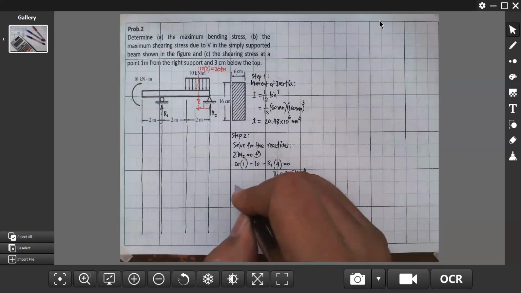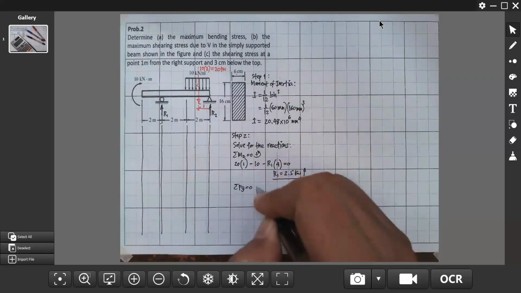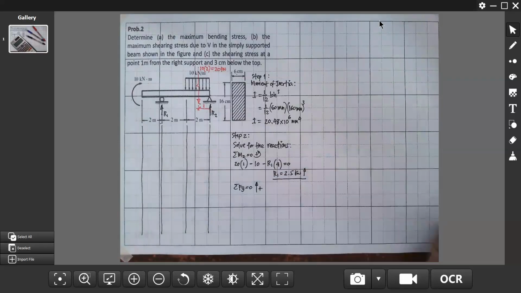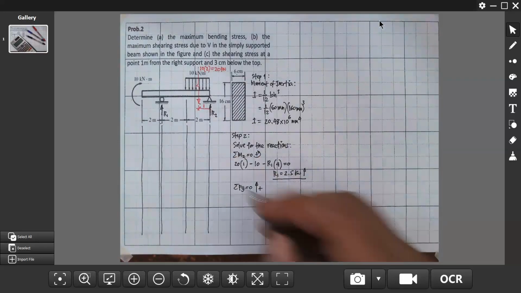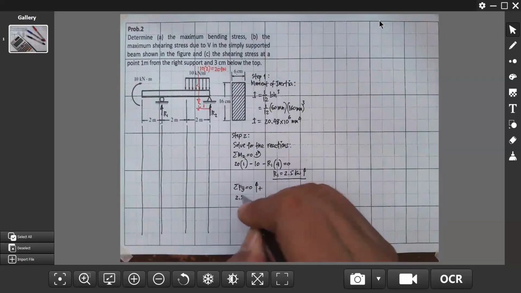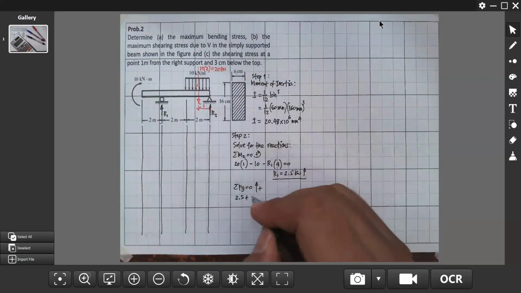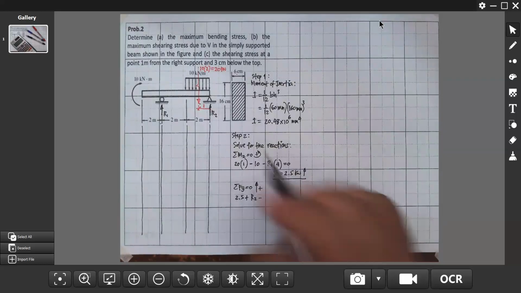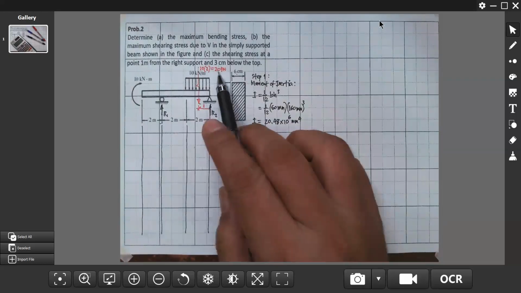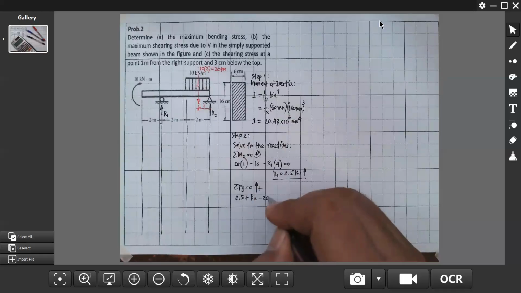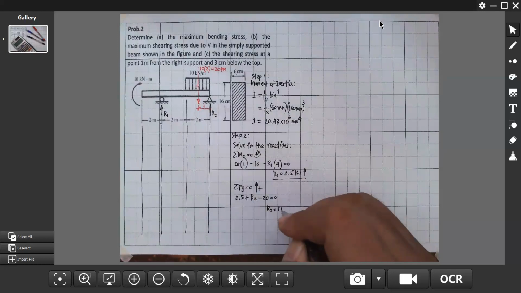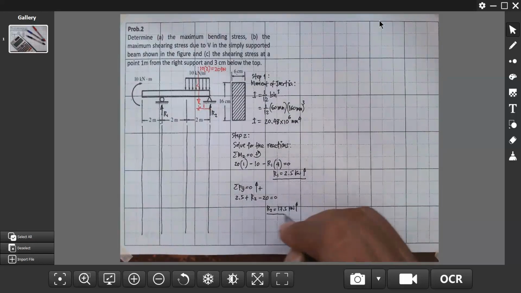And then summation of forces along the vertical y: R1, 2.5, plus R2, minus the resultant 20 equals 0. And R2 is 17.5, upward also.